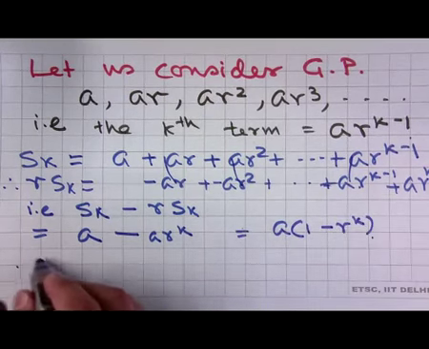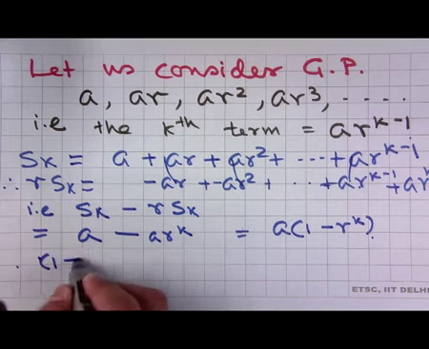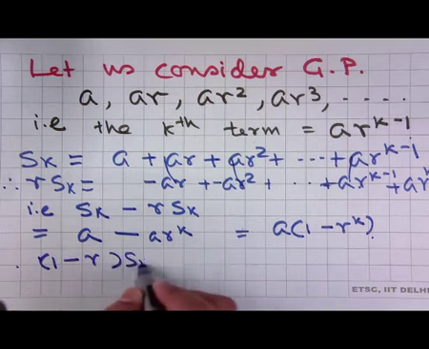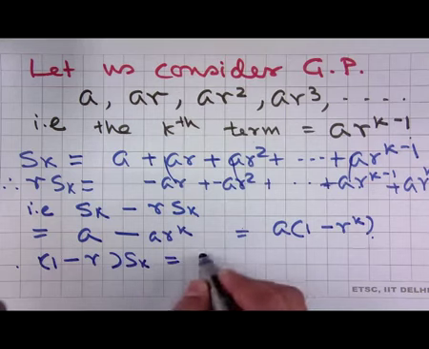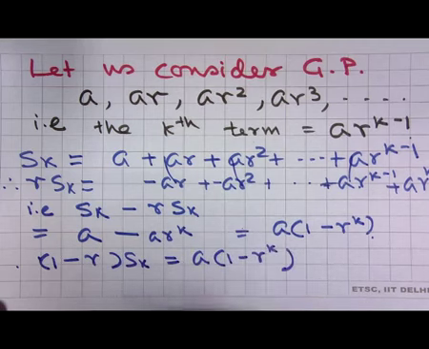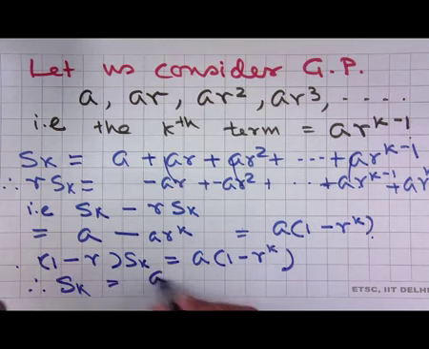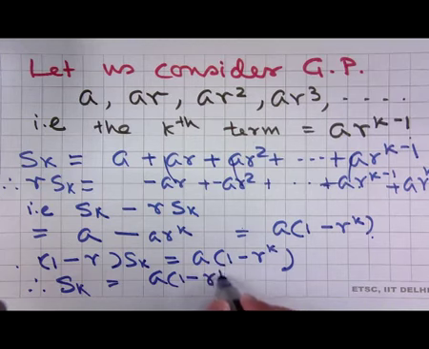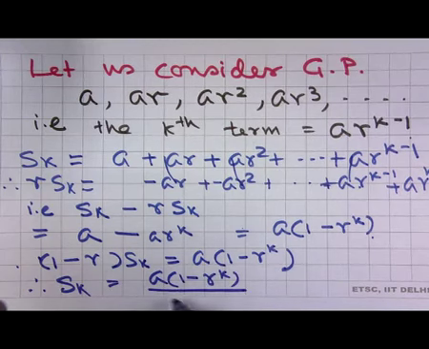Therefore, we find that 1 minus r times s_k is equal to a into 1 minus r to the power k. Therefore, s_k is equal to a into 1 minus r to the power k divided by 1 minus r.